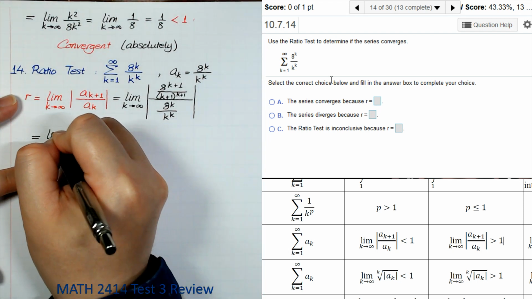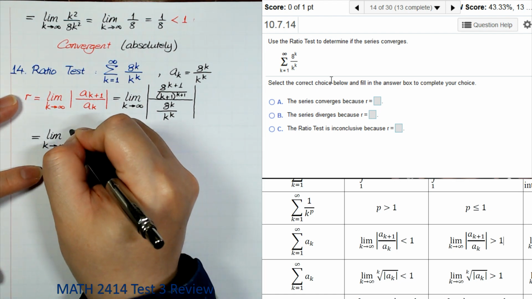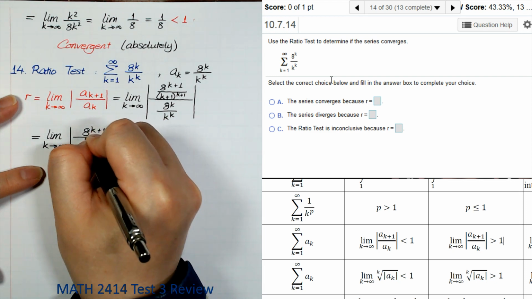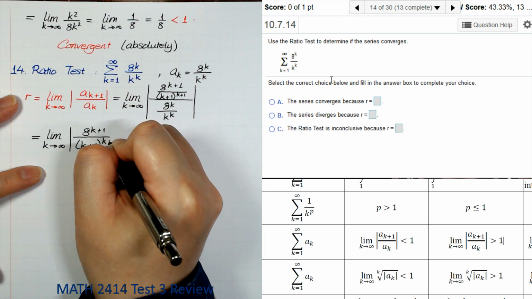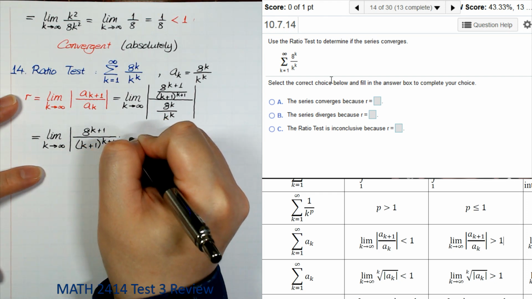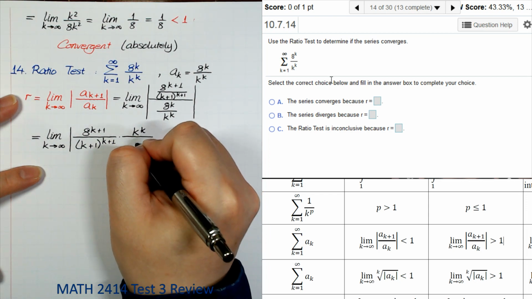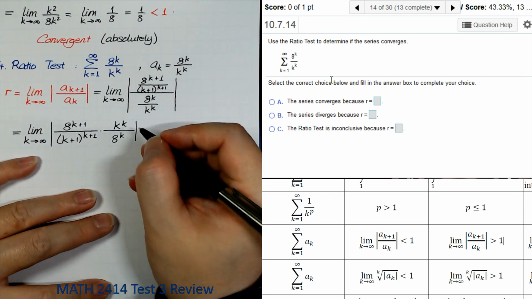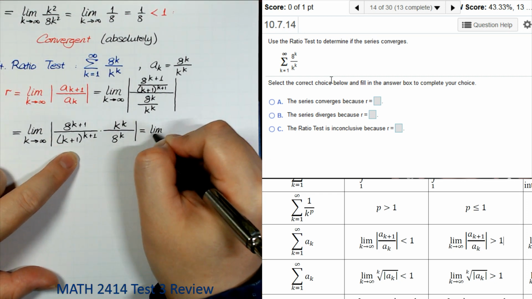Multiply by the reciprocal. Right, now split. This potentially is the problem.